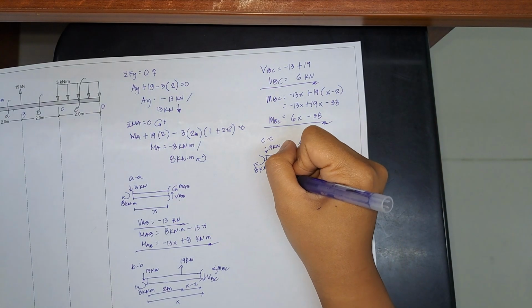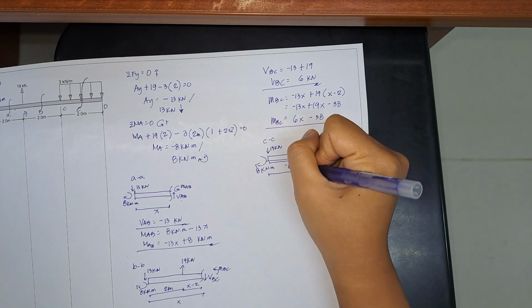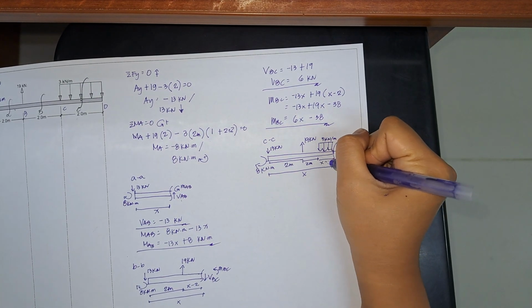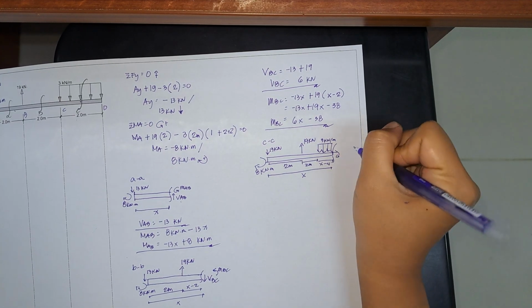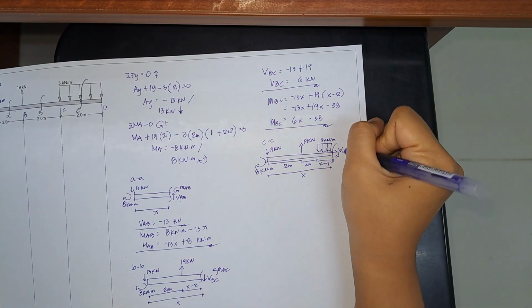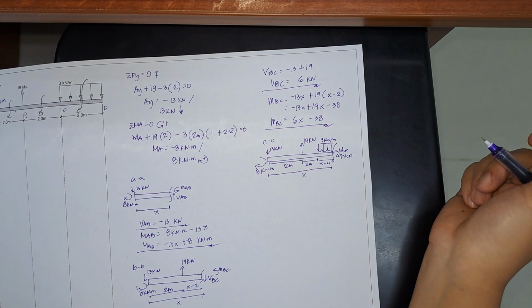Okay, distances. This is distance x. This is 2 meters, 2 meters. Therefore, this is x minus 4. Okay? So, for this one, makikita natin dito yung shear at segment CD, moment at CD and then yung shear at CD.